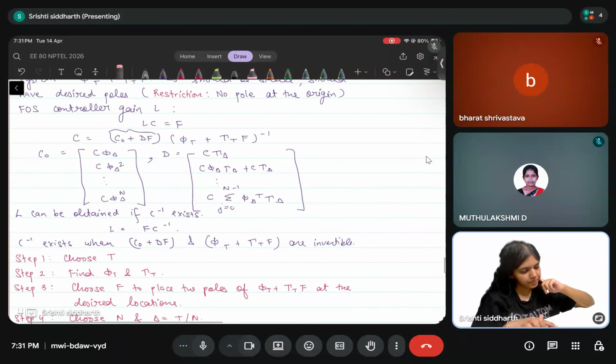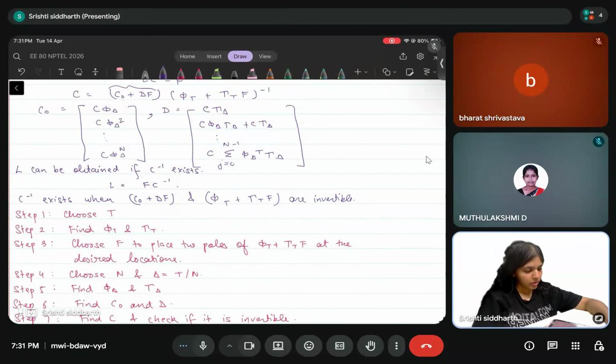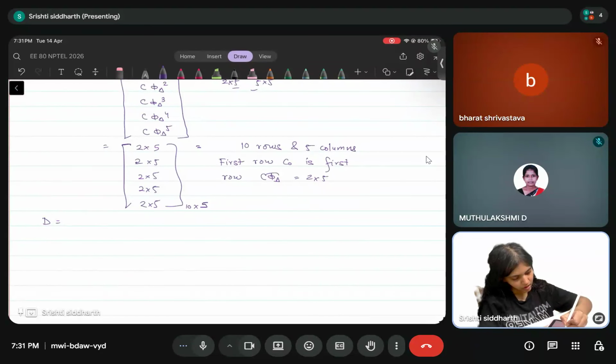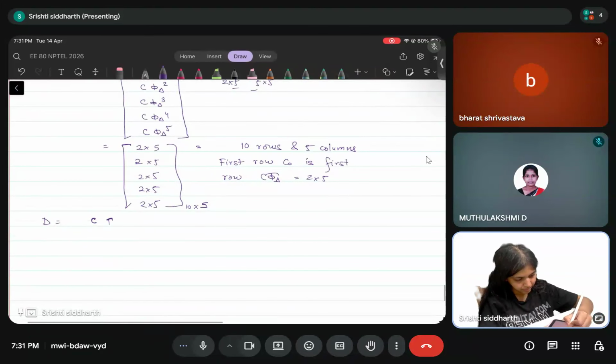So D is, for n equals 5, we have J equals 0. Let's see the first row of D. So we have C gamma delta, which is 2 by 5 and 5 by 1.